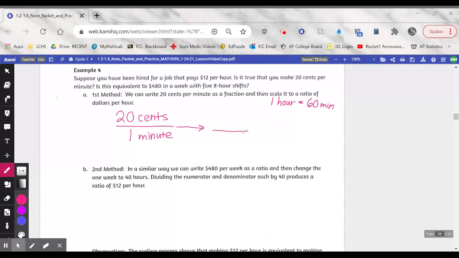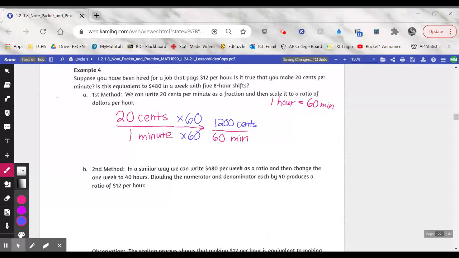So I'm going to change this to be 60 minutes. What do I need to do to the bottom to make it 60? I would have to take 1 times 60. So I'm going to do the same to the top, because if I do it to the bottom, I've got to do it to the top. So I get 1,200 cents for the top.